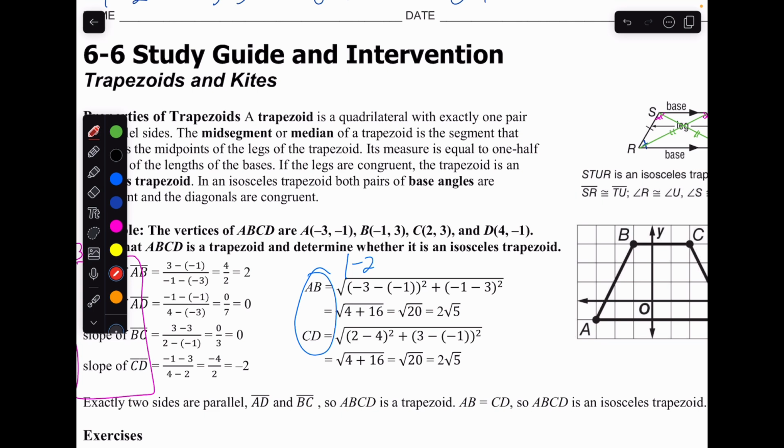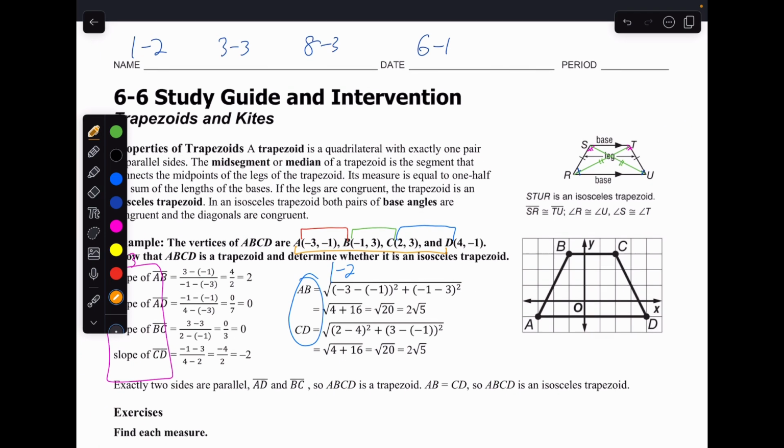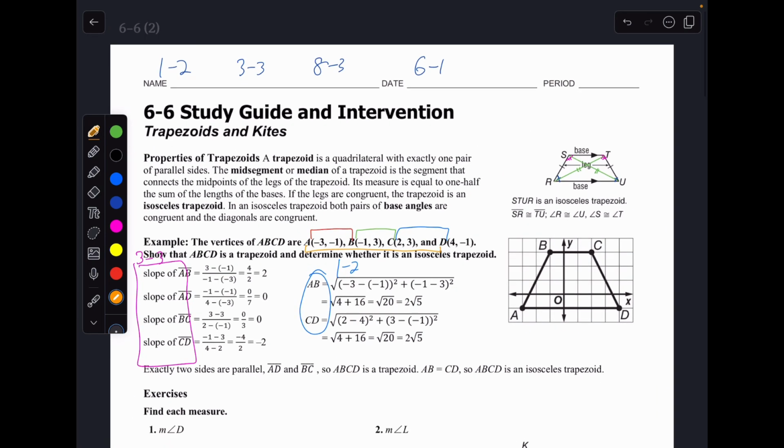It has a line that goes from A to B. It has another line that goes from B to C. Then a third line that goes from C to D, and then there's a fourth line that goes from D all the way to A. You need to calculate the slope for each one of them.